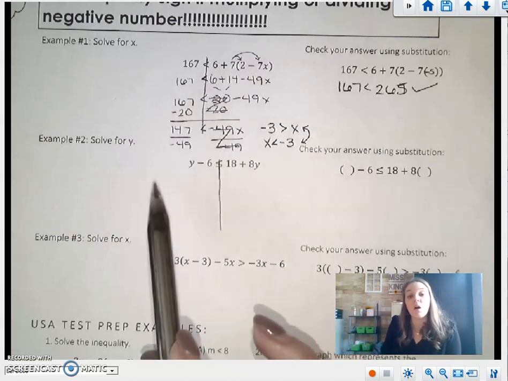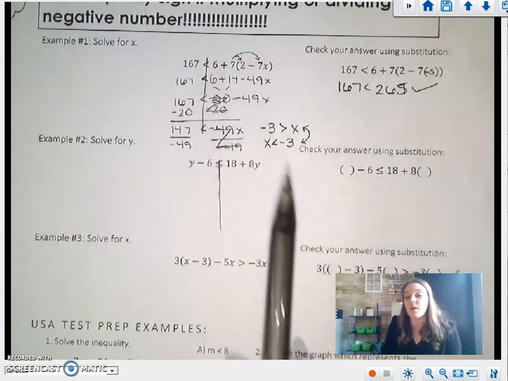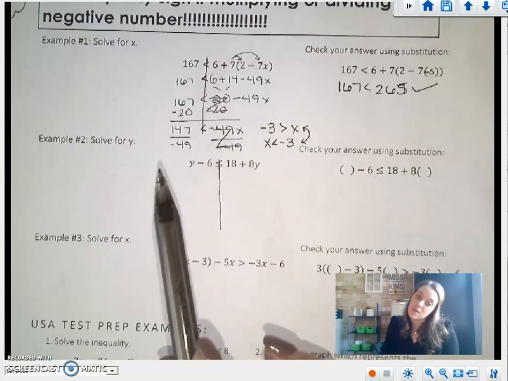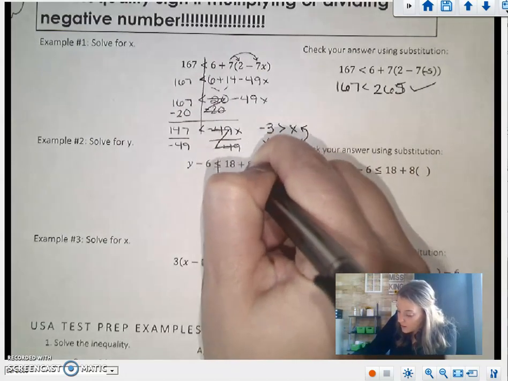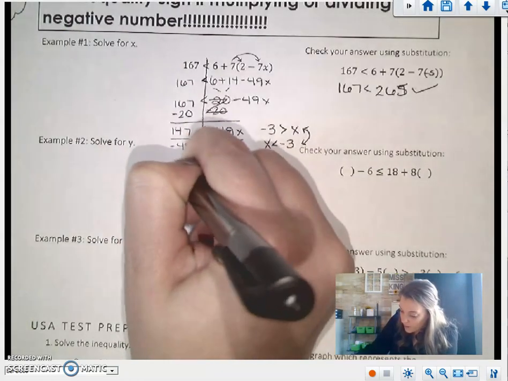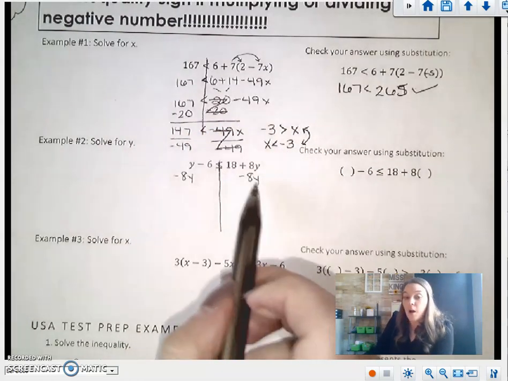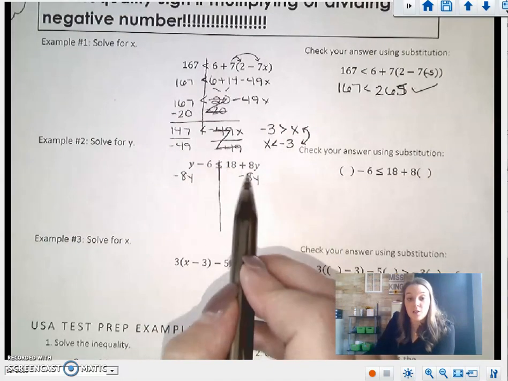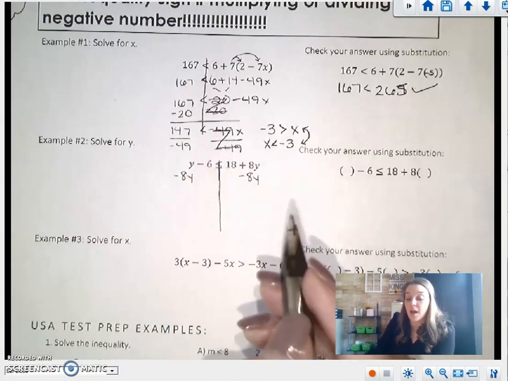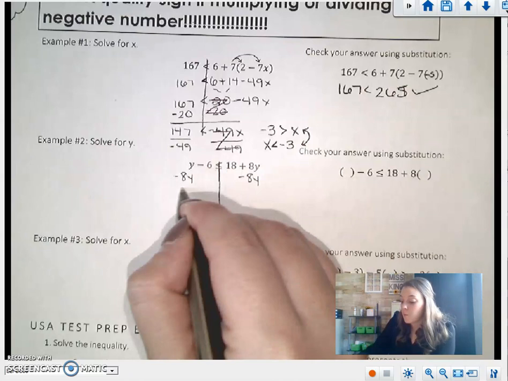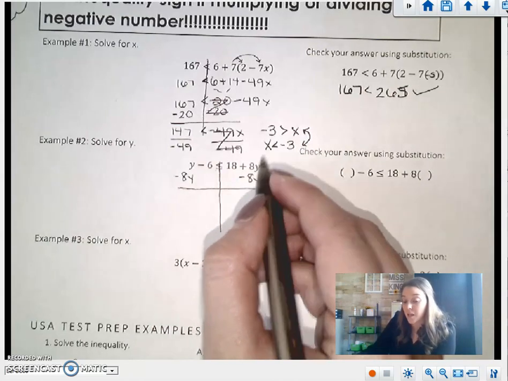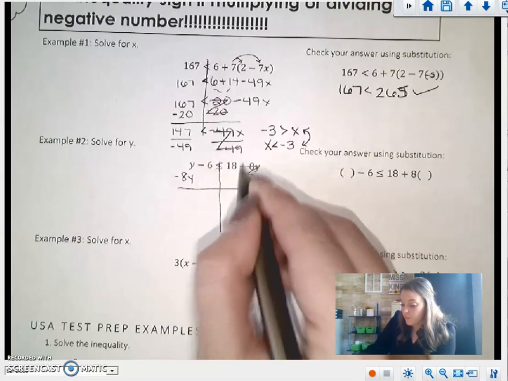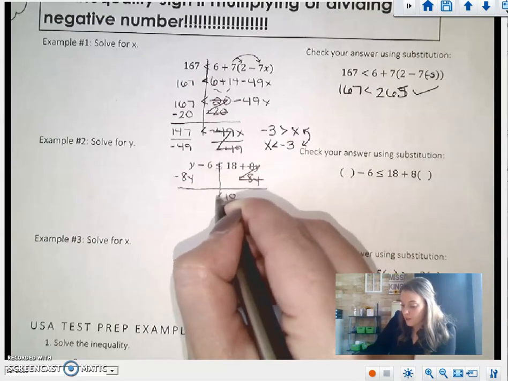So I need to move all my variables to one side, all my numbers to the other. I'm going to move my variables to the left, my numbers to the right. So I'm going to start by subtracting 8y from both sides. I'm trying to get them onto the left-hand side, so I have to cancel out all the variables I have on the right-hand side. 8y minus 8y zeroes out, so all I'm left with is an 18.